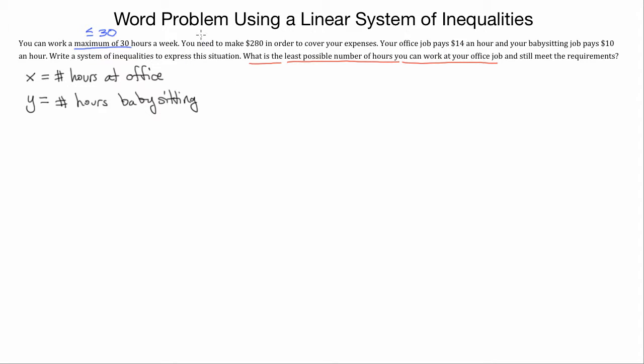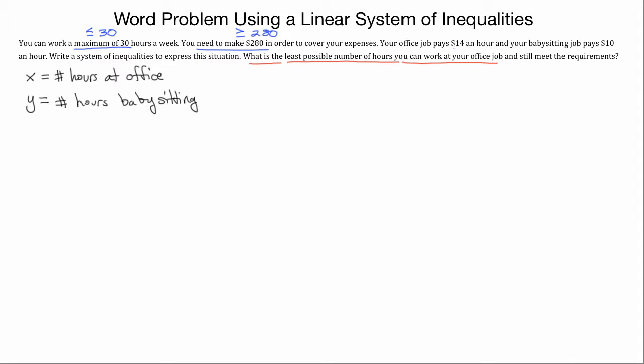And then I also need to make $280 in order to cover my expenses. I have to at least equal that, but we all like to make more money. So my inequality is the amount of money I make has to be greater than or equal to $280.